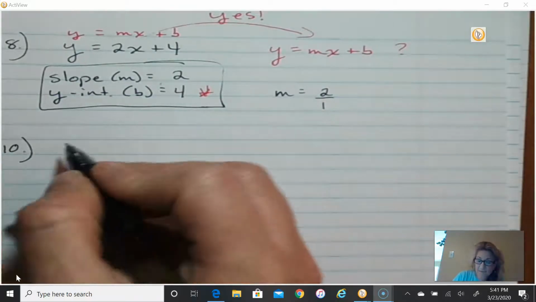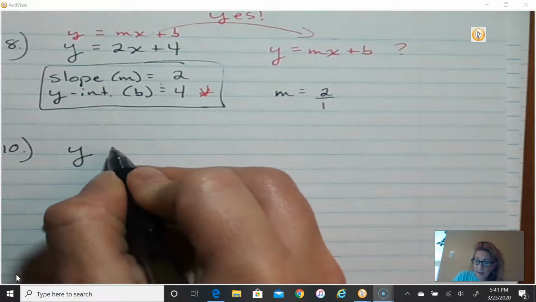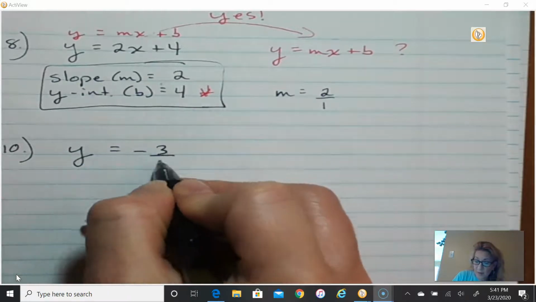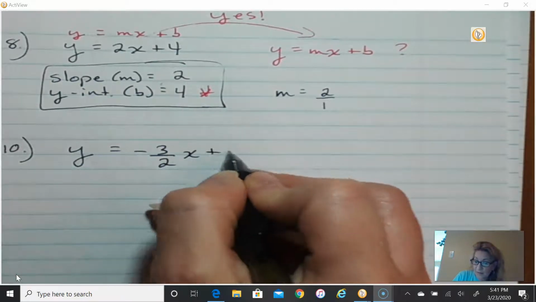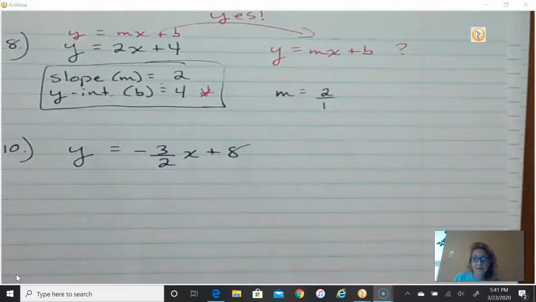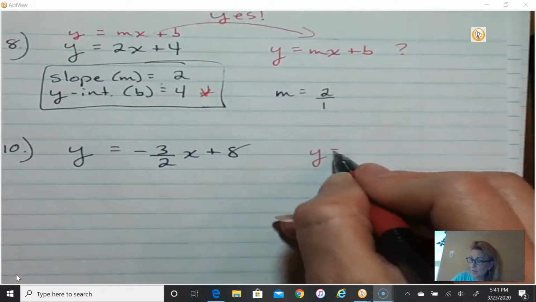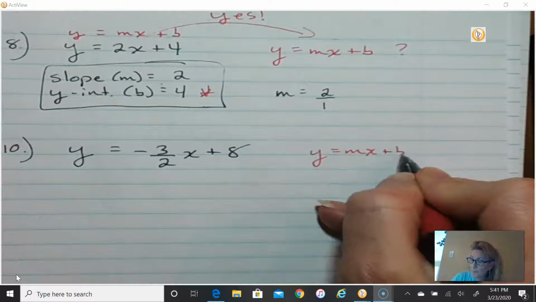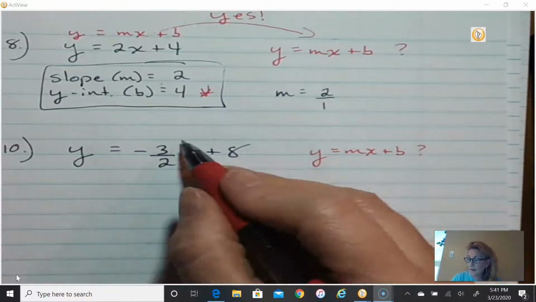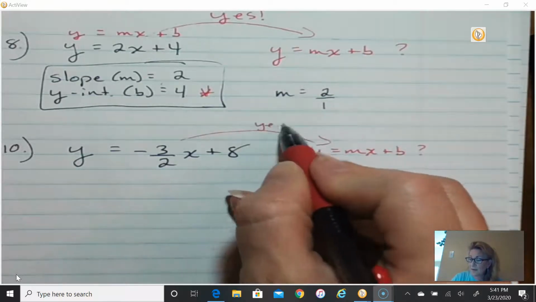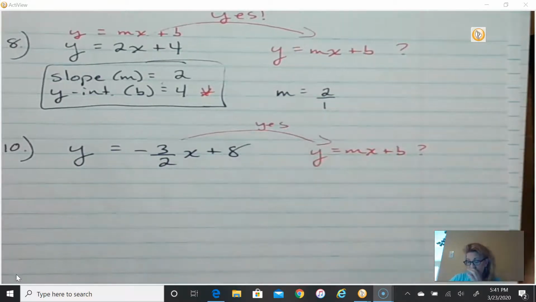10. 10 is y equals negative 3 over 2x plus 8. Okay, is this in y equals mx plus b format already? Yes, it is. This is already ready to go.